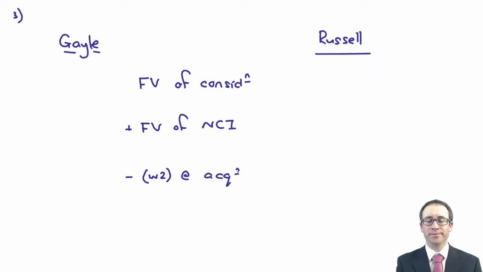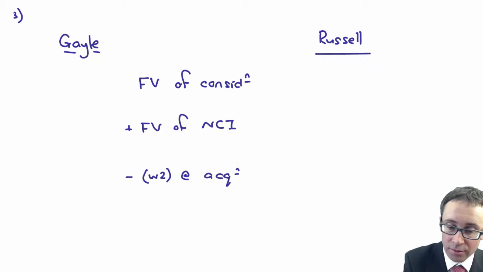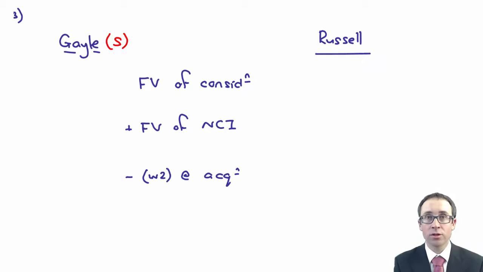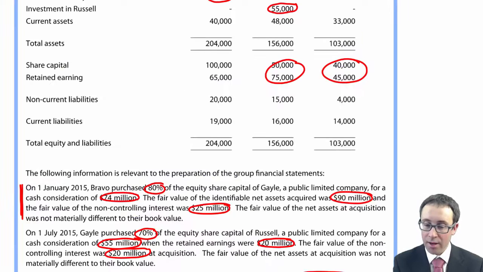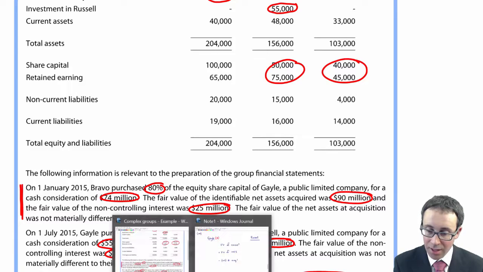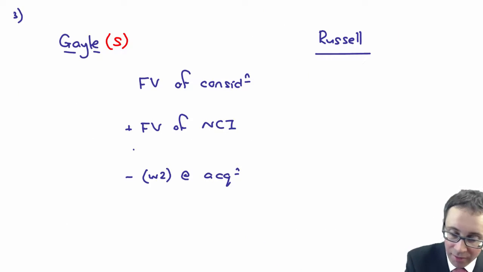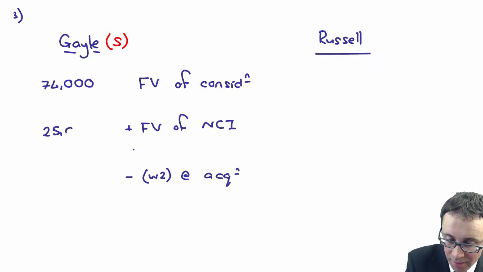at acquisition. Okay. What I'd do is I'd work the sub first. Just stick to what you know best. If you can do that, you're going to do quite well. So here we paid 74 million, and the NCI was there as 25. So 74 and 25 million.